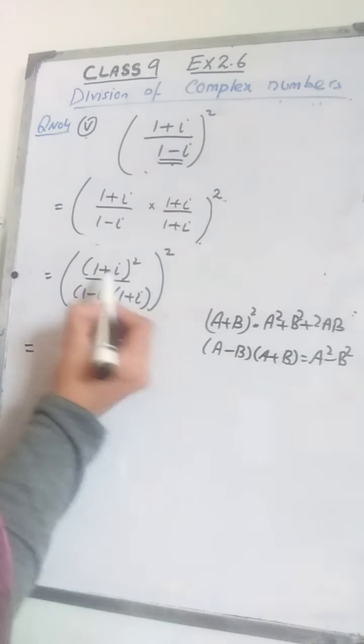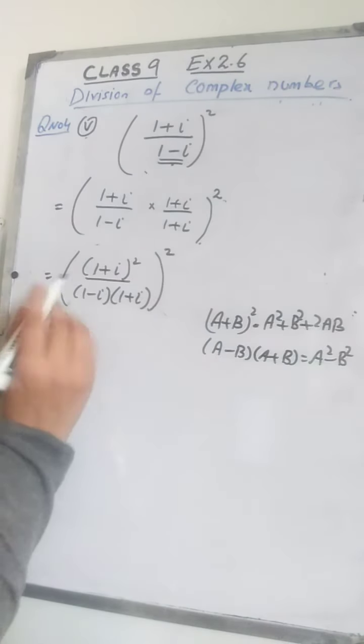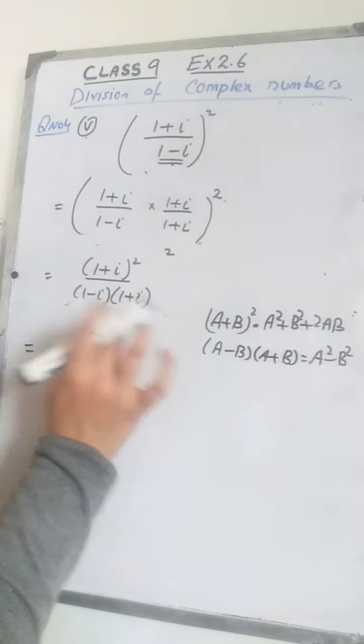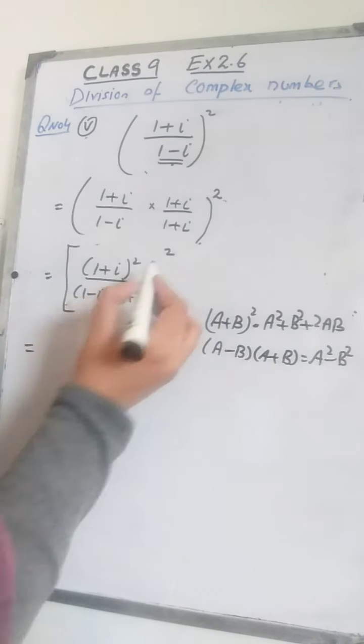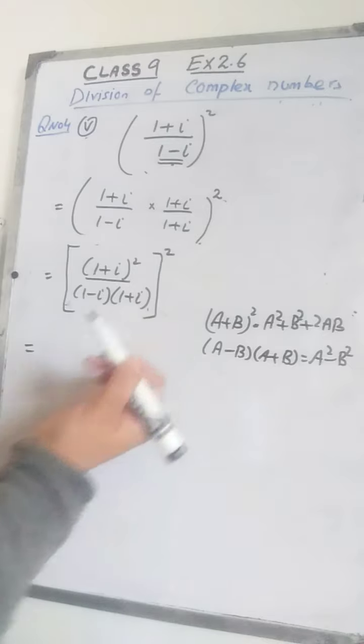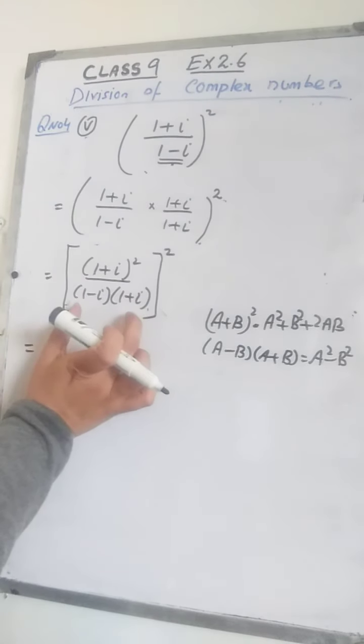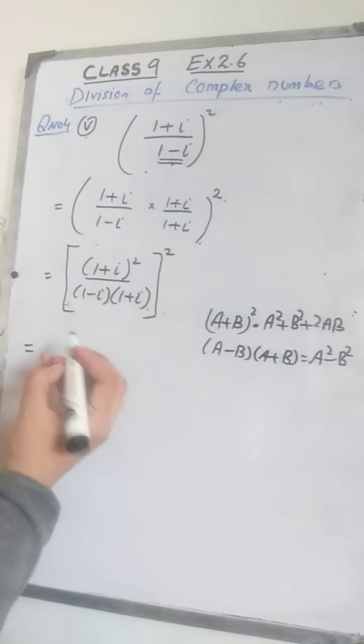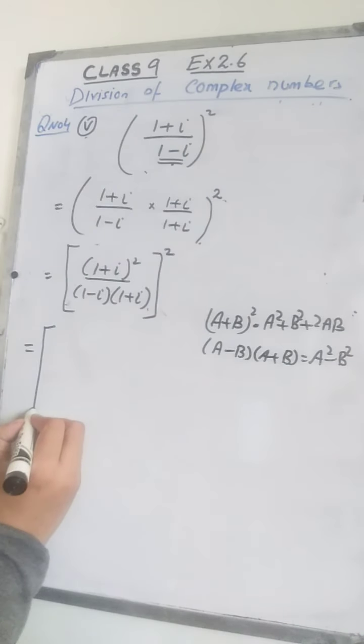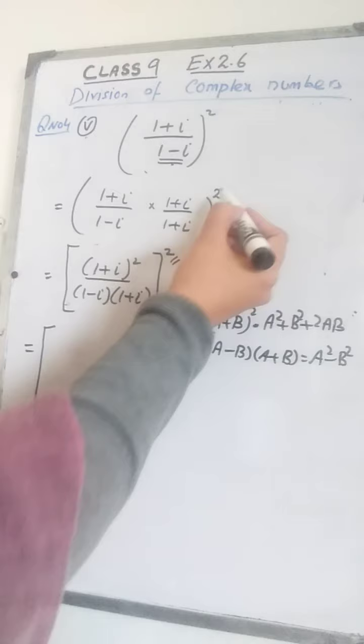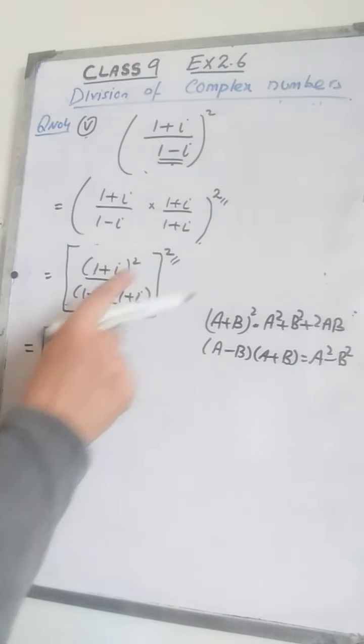I am going to apply the formula here. Let me put square brackets over here so you don't confuse. This was the material inside the bracket, and I am simplifying it. Then I will apply the square at the end, not here. I haven't applied the square yet.